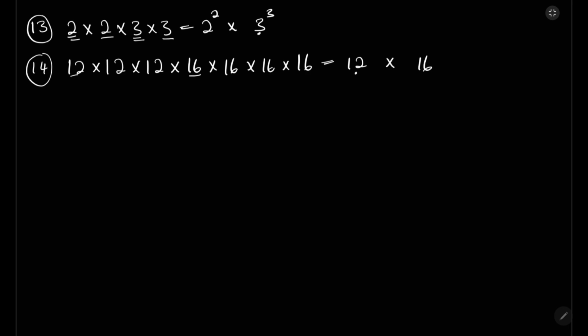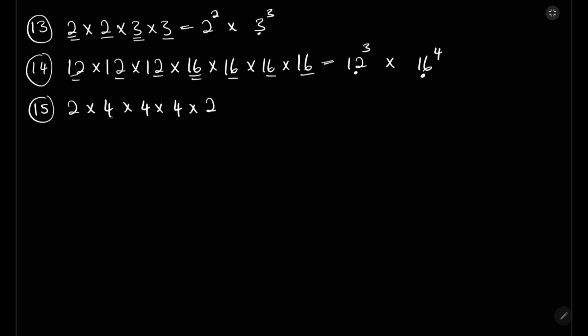Let's count down how many 12s we have. We have 1, 2, 3. So this should be 12 to the power 3. And let's count down how many 16s we have. We have 1, 2, 3, 4. So this should be 16 to the power 4.